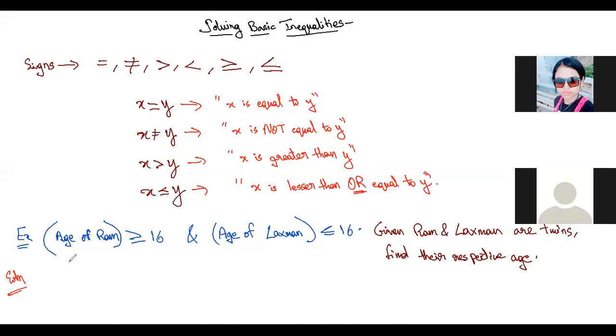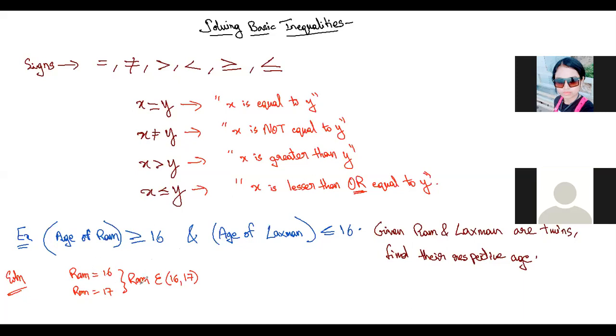See, concept is important. This means Ram is a person whose age is always greater than or equal to 16, which means Ram's age can be equal to 16. Ram's age can be 17, or Ram's age can be between 16 to 17. I hope everyone remembers this bracket, open bracket.